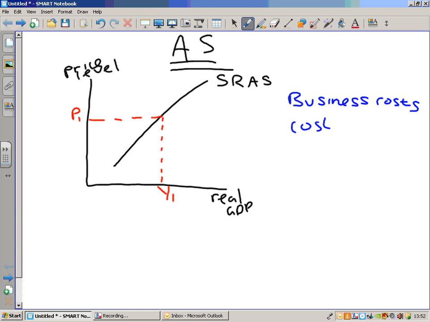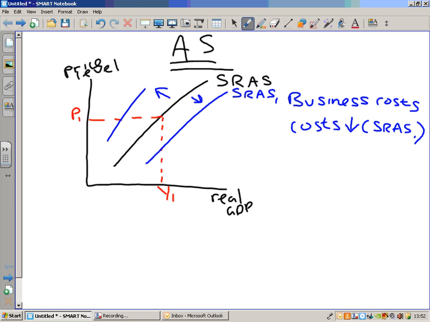If costs fall, AS will shift to the right. So in other words, it will shift to SRAS1. If costs were to increase, we move to SRAS2.